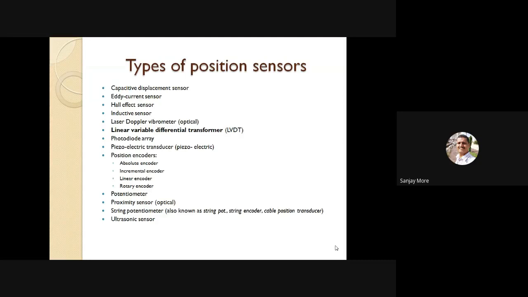First, capacitive displacement sensor. Second, eddy current sensor. Third, Hall effect sensor.